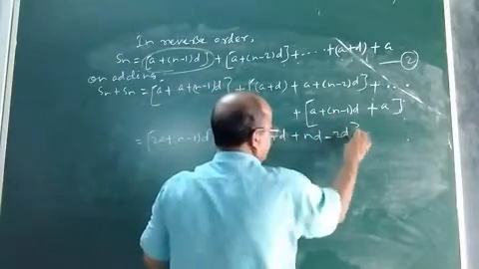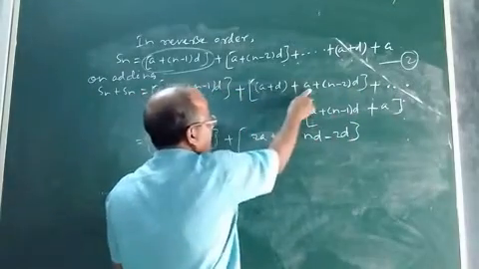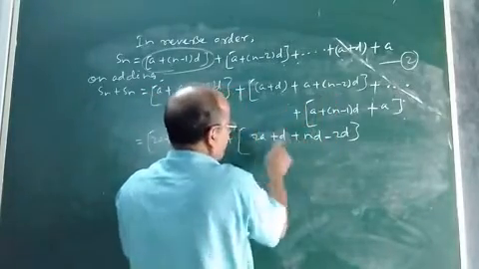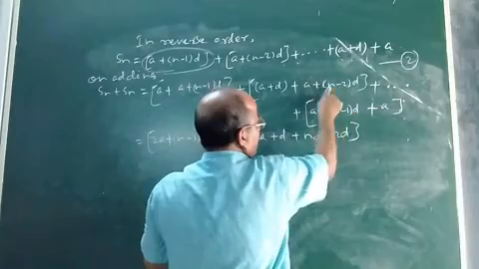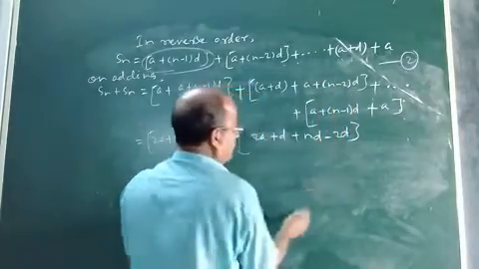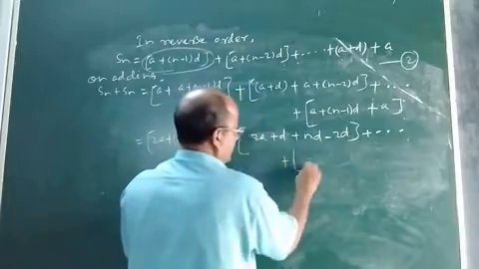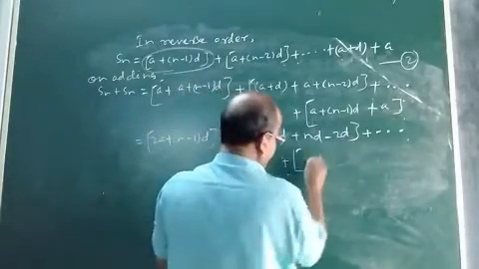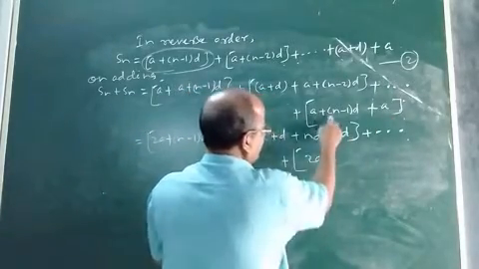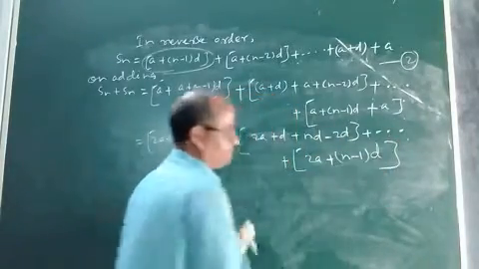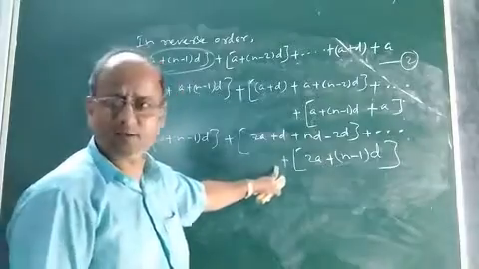You simplify. A plus A, 2A plus D, then you multiply D here and D minus 2D, plus dot. Again A plus A is also 2A plus this n minus 1 into D. On simplification we got this.